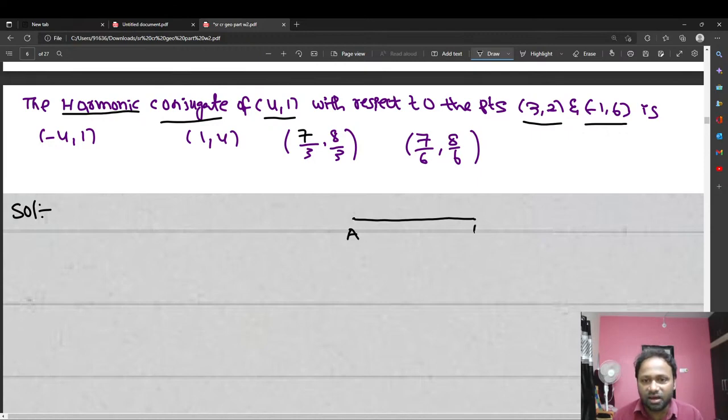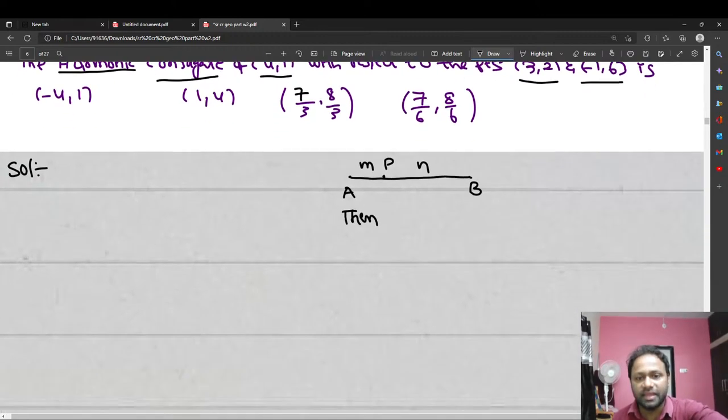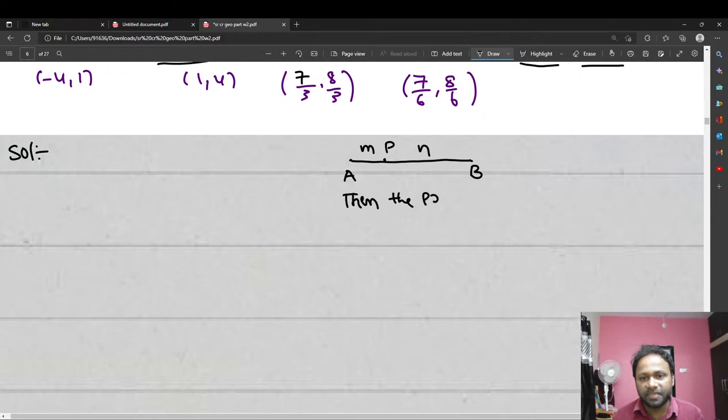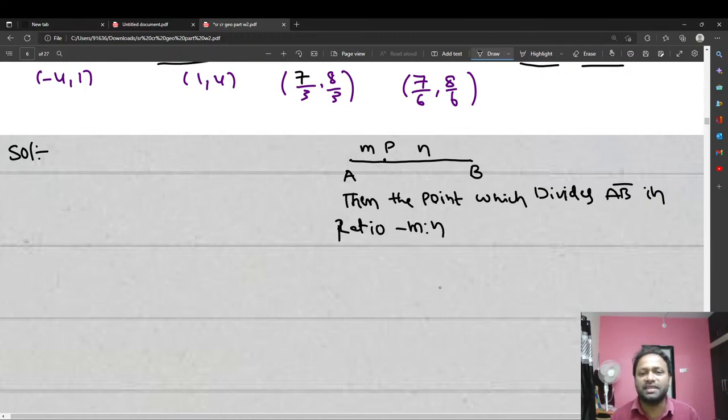Suppose A and B are two points, and a point P divides AB in the ratio M is to N. Then the point which divides AB in the ratio minus M is to N is called the harmonic conjugate of this point.